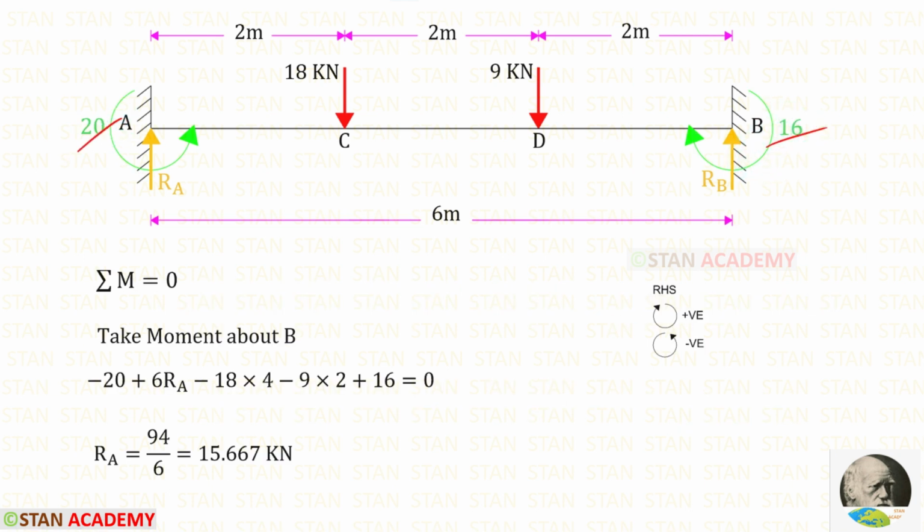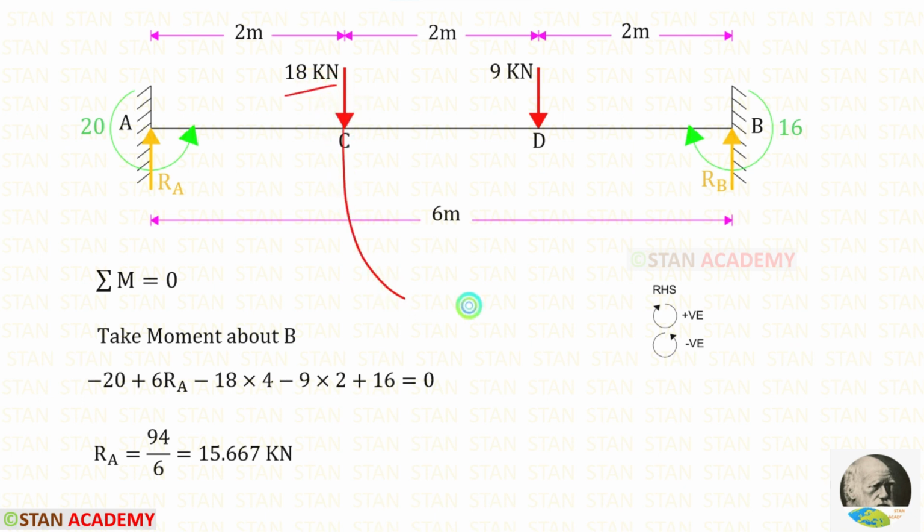Now we are going to find the vertical reactions RA and RB. First, let us find RA. For that, I am going to take moments about B. In this case, I am moving towards the right hand side. Clockwise will be positive and anti-clockwise will be negative. MA is acting in the anti-clockwise direction, so it will be negative. RA is acting in the clockwise direction, so it will be positive, and the distance is 6, so 6 RA.